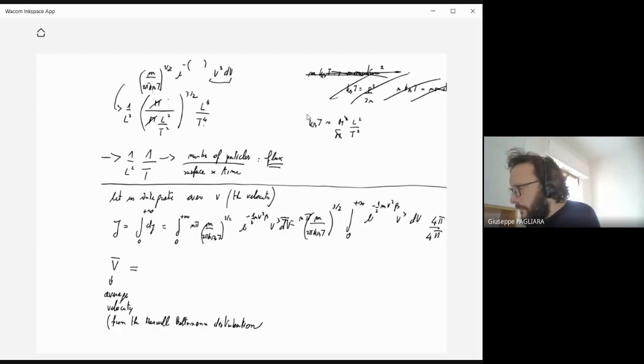Should be m divided by, well, the usual 2 pi kBT to the power of 3/2.